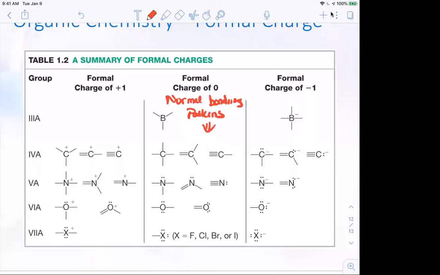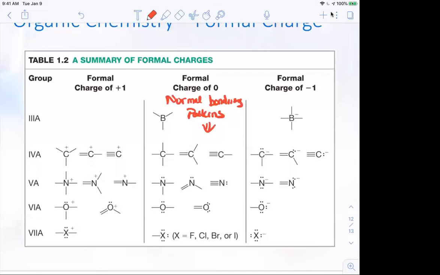So boron with 3 bonds, carbon with 4 bonds, whether it's 4 singles, a double and 2 singles, or a triple and 1 single, right? My nitrogen with 3 bonds and 1 lone pair, whether it's 3 singles, a double and 1 single, or a triple bond. The same thing with oxygen. If I have 2 bonds and 2 lone pairs, I'm going to get a formal charge of 0. When I change that, that's when I'm going to start getting charged species.